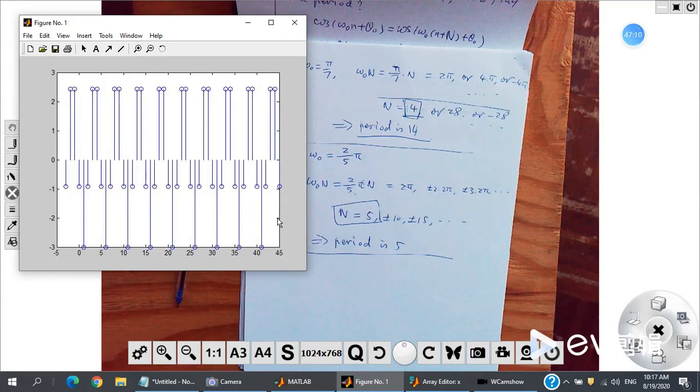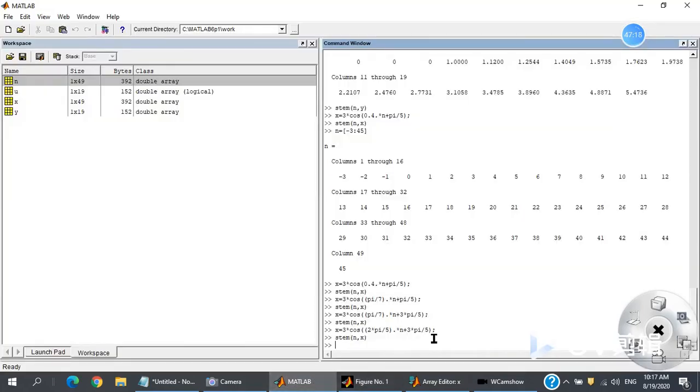Then what is the continuous-time signal? You can have a look at the same time. So here this is x equals n. Okay, I use t. t, like n, goes from negative 3 to 45, but I use a step of 0.05 up to 45. This is a continuous time.